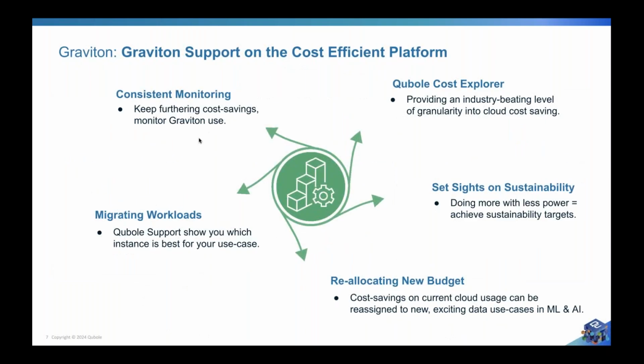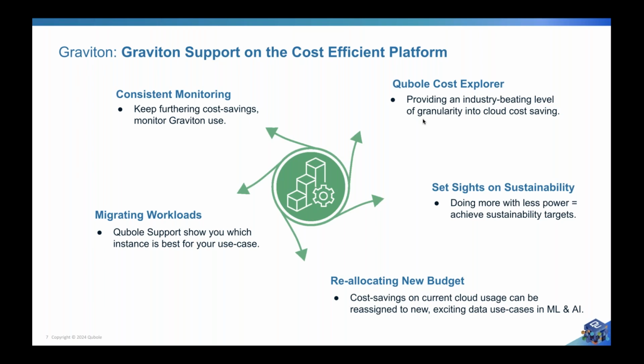Now, a couple of things. I'll talk about Graviton as well as other Qubole features which will help you save cost. One is the Qubole Cost Explorer. This is a unique feature on a data platform. Usually on a data platform you get a dollar bill at the end of the day, whether the monthly bill or the daily bill.